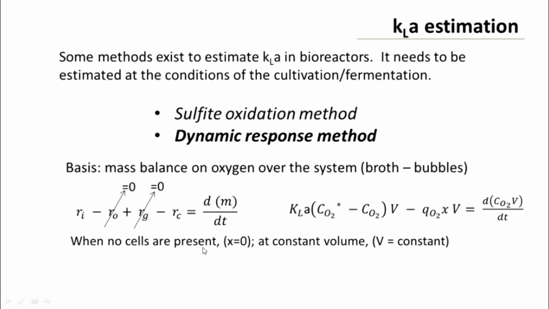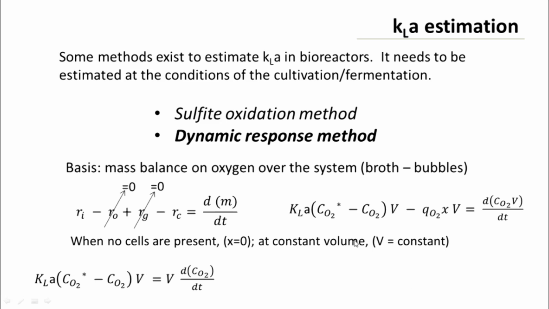When no cells are present, X, the cell concentration, is 0, and at constant volume, V is a constant. So the consumption term completely goes away, and you can take V out of the derivative: V dCO2/dt on the right, and KLa (CO2 star minus CO2) times V on the left.